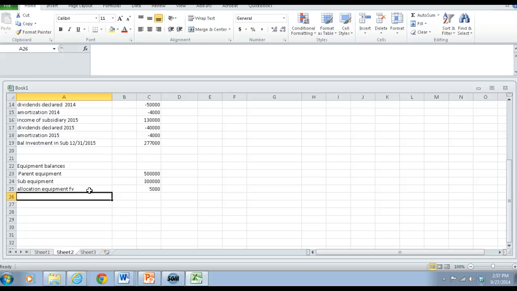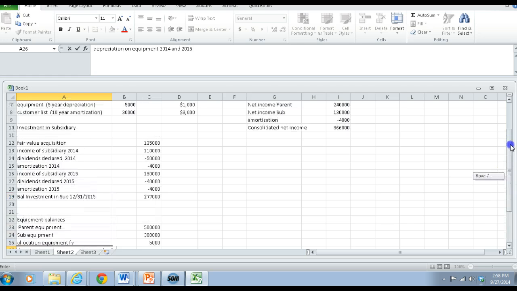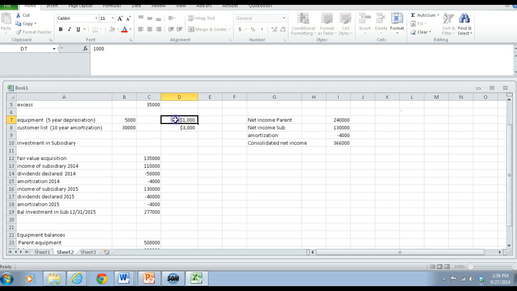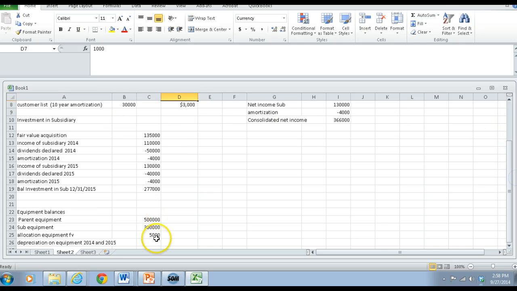Then we need to show what we've taken in depreciation on the equipment in 2014 and 2015. If we go up here, we took $1,000 each year. For 2014, we took $1,000 against this equipment and $1,000 in 2015.